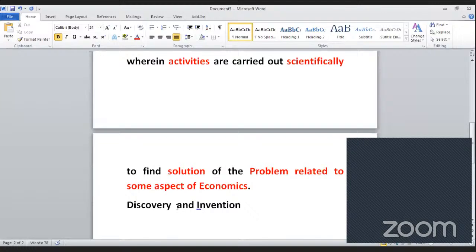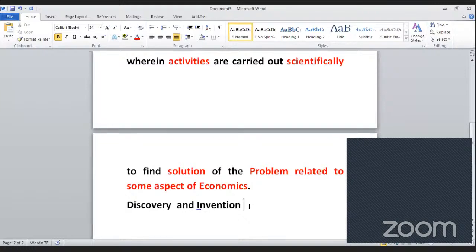Discovery is unsystematic in nature, and you cannot give any training in discovery. Invention is a part of research, and you can give training in conducting research, and during the process of the research, you may invent something. So invention is systematic in nature.